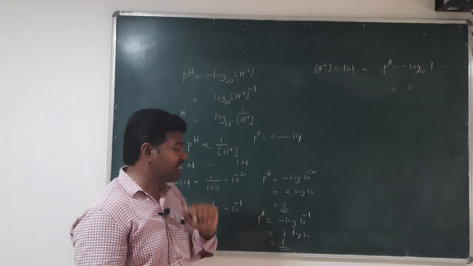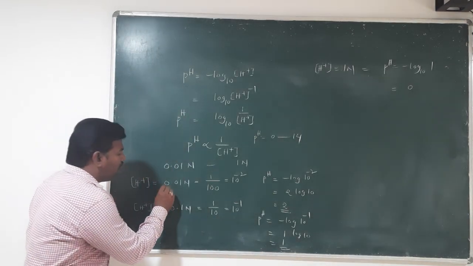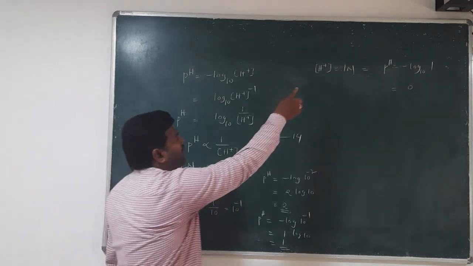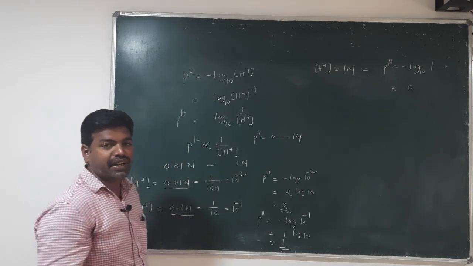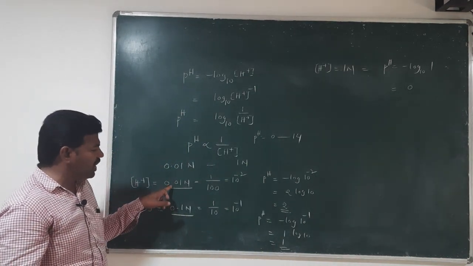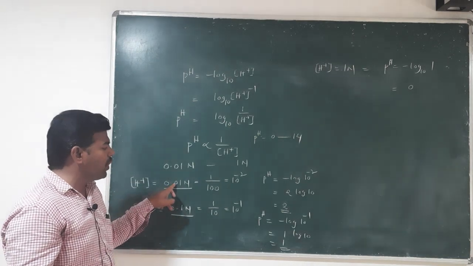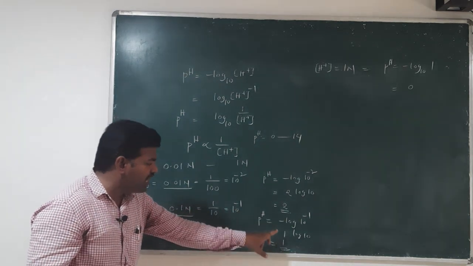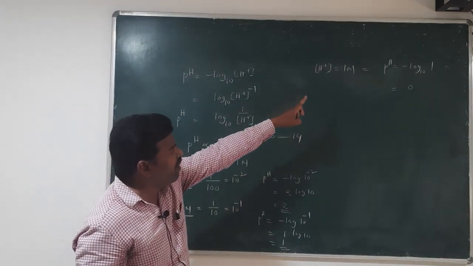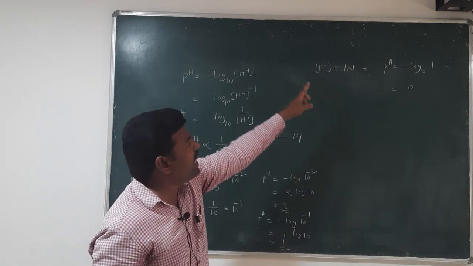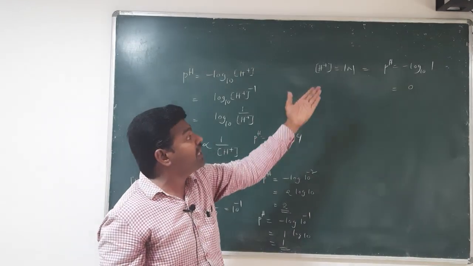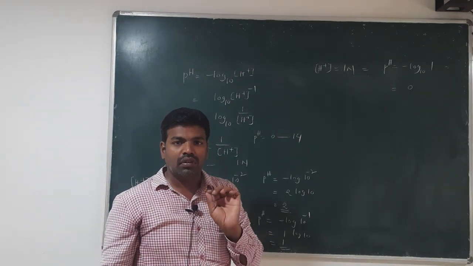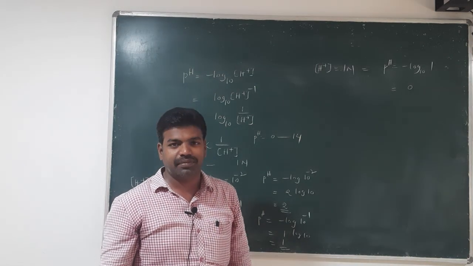That means when we go from low concentration to high concentration, here the concentration is 0.01, corresponding pH is 2. Here the concentration is 0.1, corresponding pH value is 1. Here the concentration is 1 normal and the corresponding pH is 0. And if you go with a 2 normal solution, the pH value is negative. We get negative values for pH.